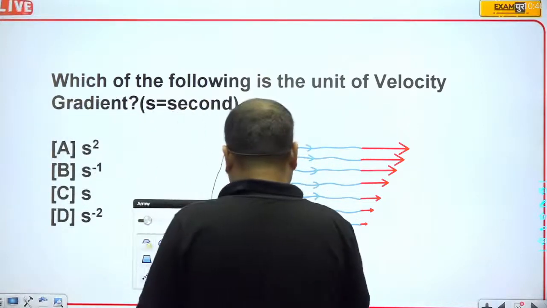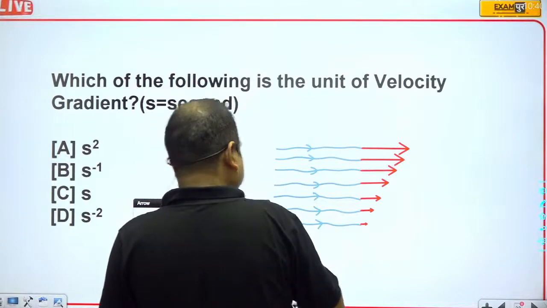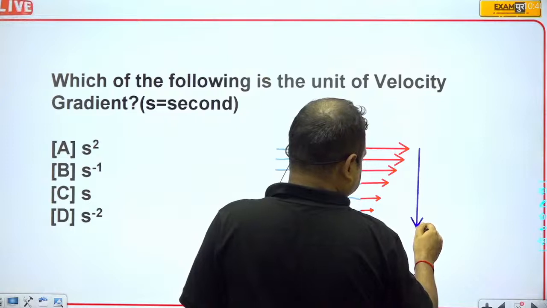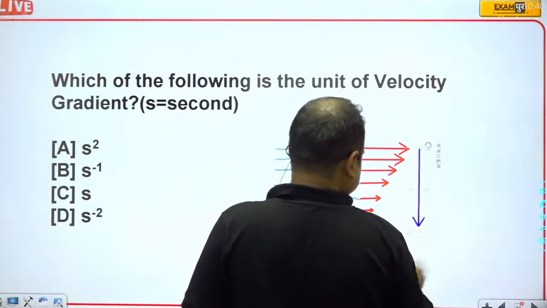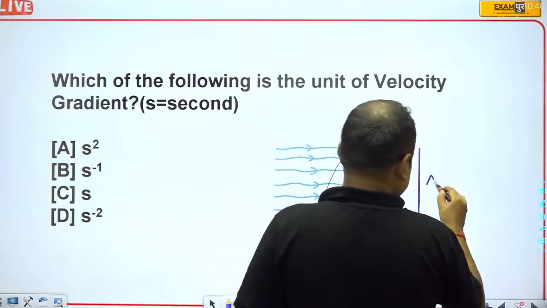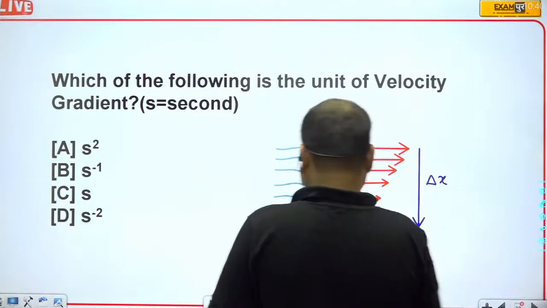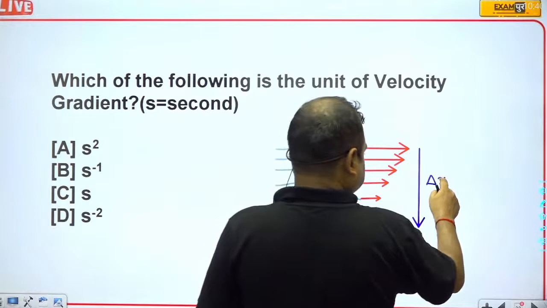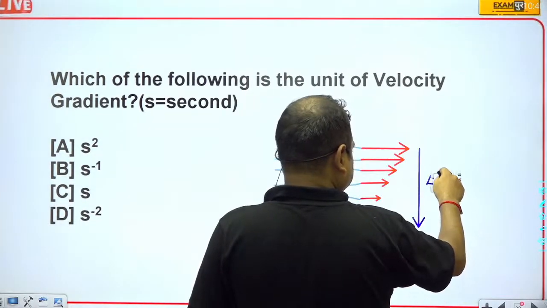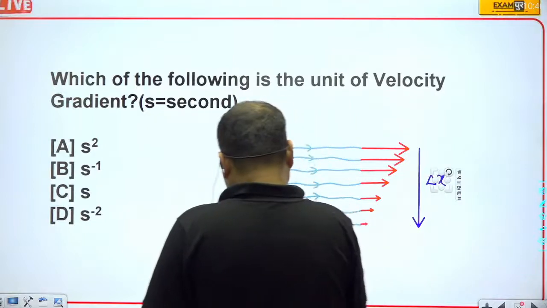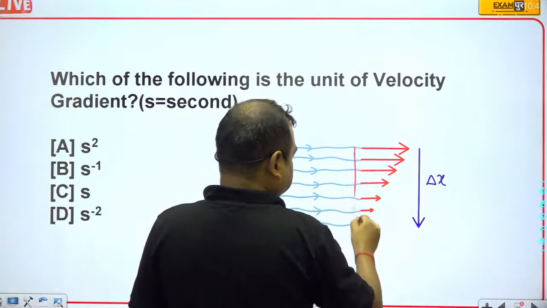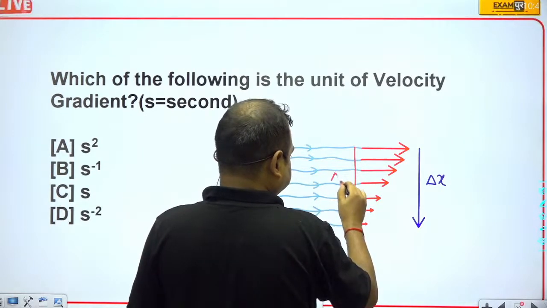But when we talk about the depth, suppose that this is delta x. And when we talk about the change in velocity, suppose the change in velocity is delta v.